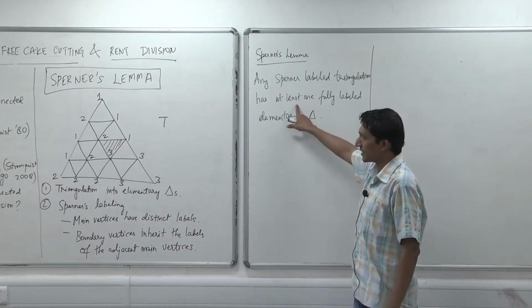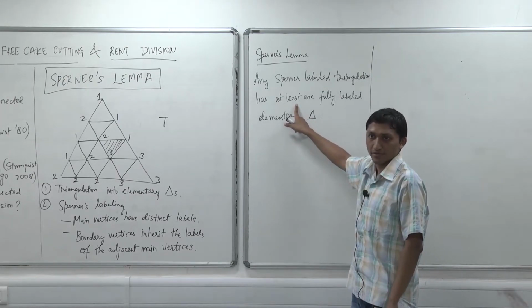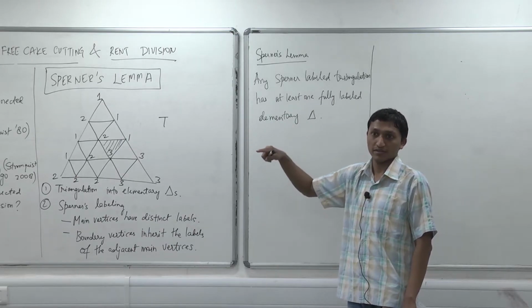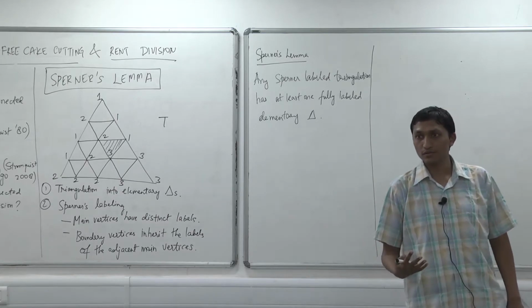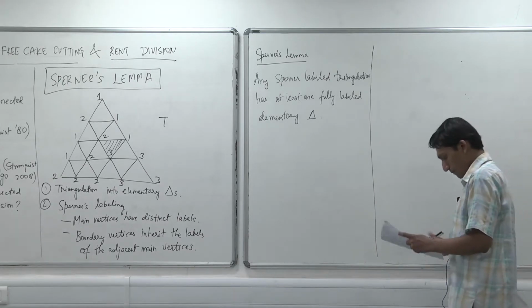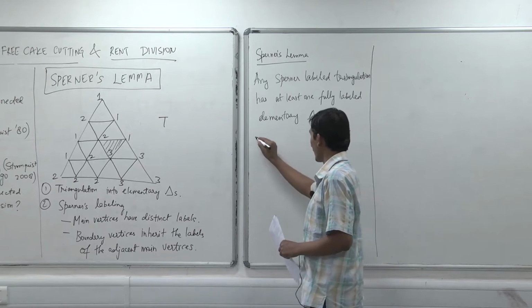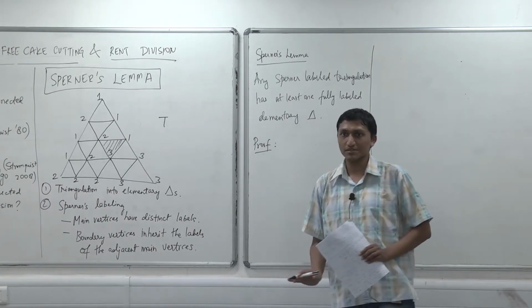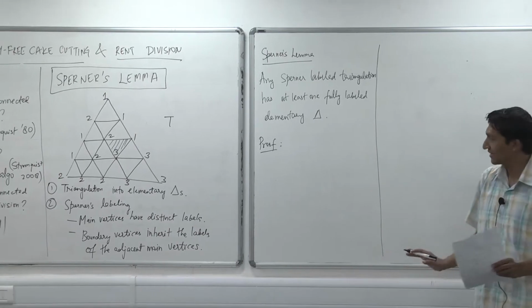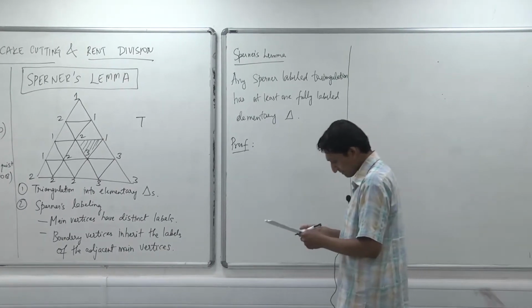In fact, the lemma says that there's always an odd number of such fully labeled baby triangles. In particular, there's always at least one. And the proof of this lemma is super elegant, so we'll do it.